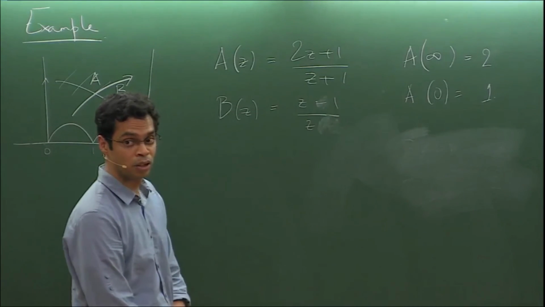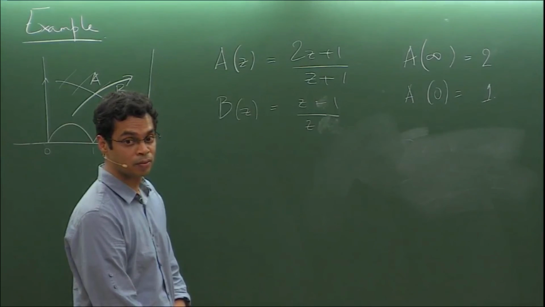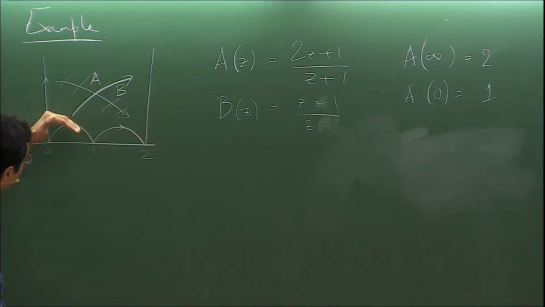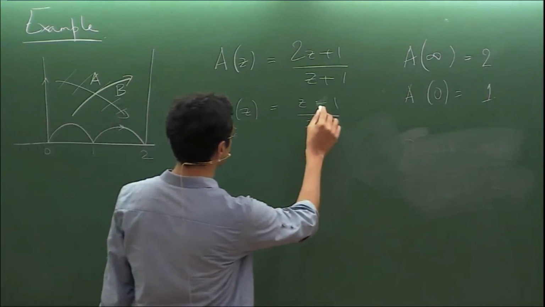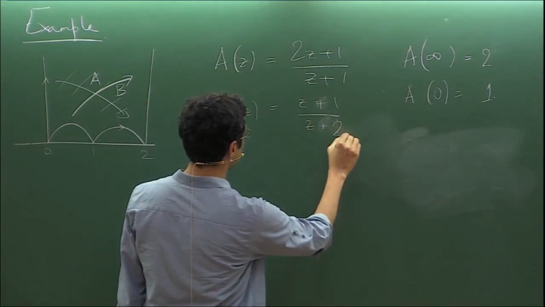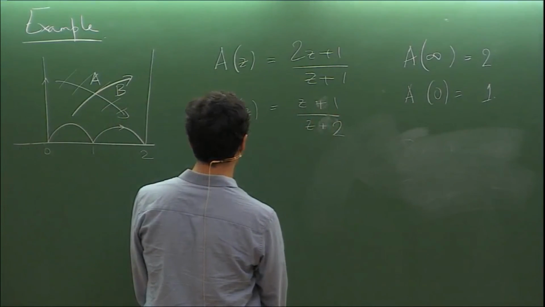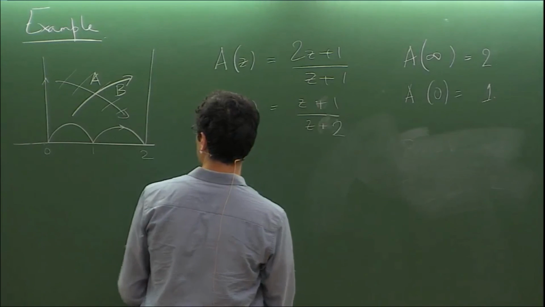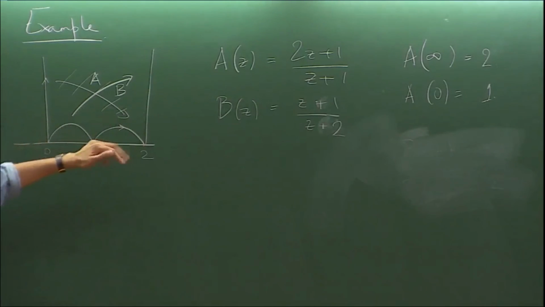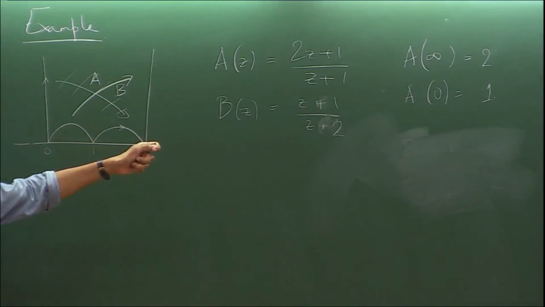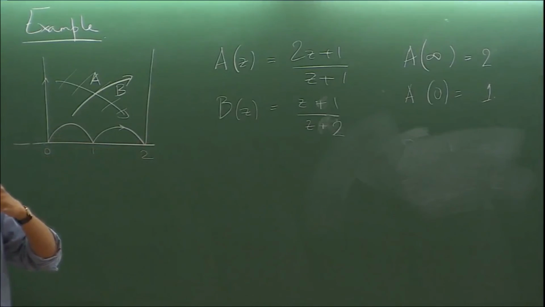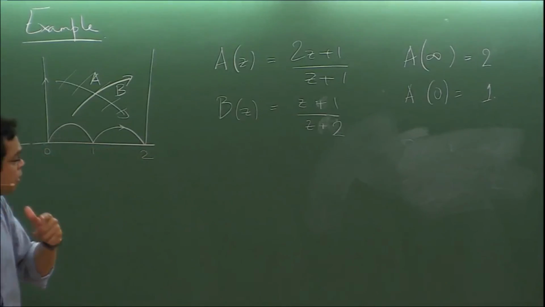Any other suggestions? I want an element that goes from here, Z plus 2. Okay, so now what happens? 0 doesn't go to infinity, right? So this doesn't quite work. So what do you want?